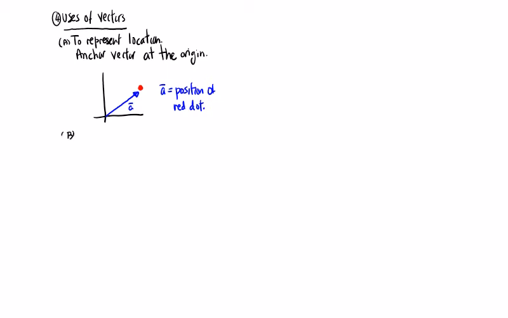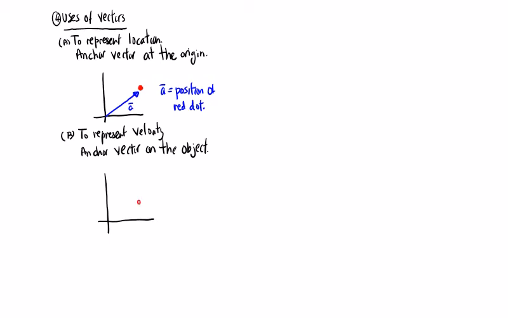It doesn't make sense if I anchor it somewhere else. Now, the other place we can use it is to represent velocity. And in that case, we will anchor the vector on the object. So for example, back to our red dot up here, same location, let's say it's going in a certain direction, up and to the left.